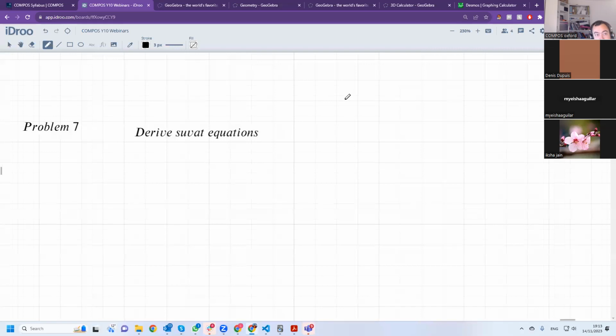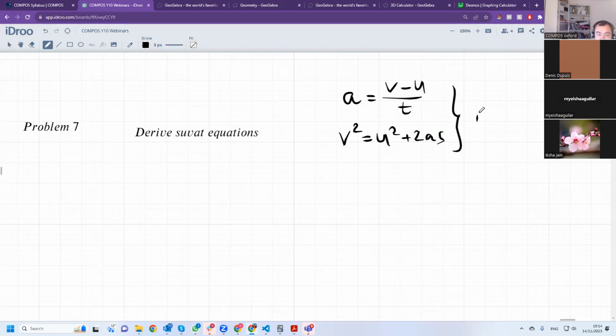You have acceleration is v minus u divided by t. That's the one that you have in GCSE. And the second one is v squared equals u squared plus 2as. These are in GCSE.